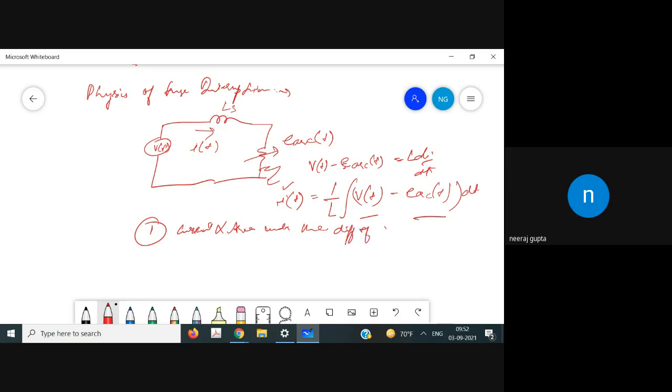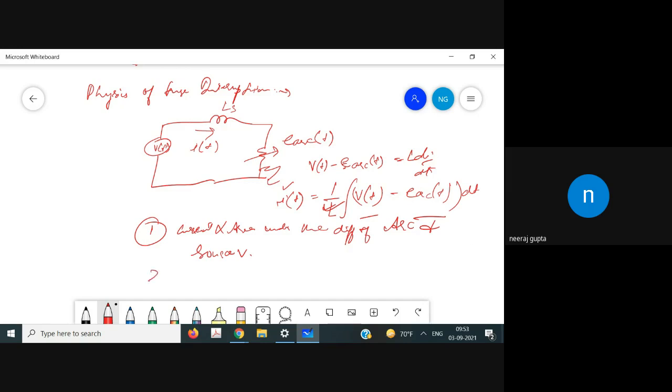Now, the inductance L, in this case, provides a stored energy and necessary voltage to sustain the current, even if the instantaneous arc voltage of the fuse exceeds the source voltage. So, this inductance plays a very important role. It provides the stored energy in that very case.